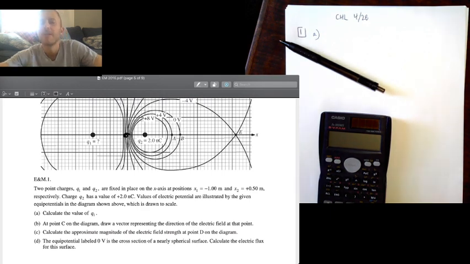And then, because this is at -1, it looks like the scale is, that distance right there is 0.5 meters. Okay, so based on the information, I'm just setting the scale.